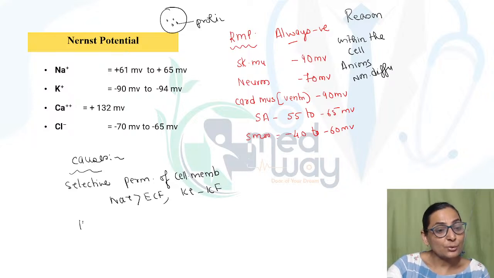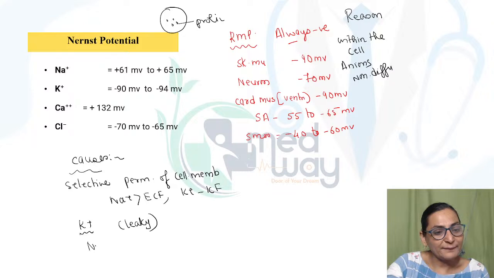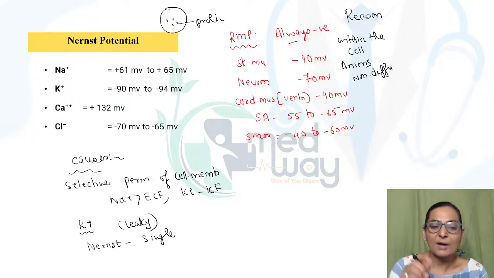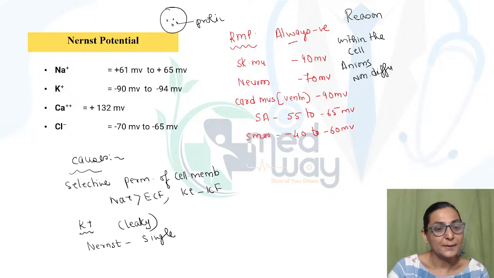Then there is the role of potassium ions itself, very important because they are also leaky. Then, when you are considering the potential of a single ion, you have to calculate it with Nernst potential, which we will be learning.